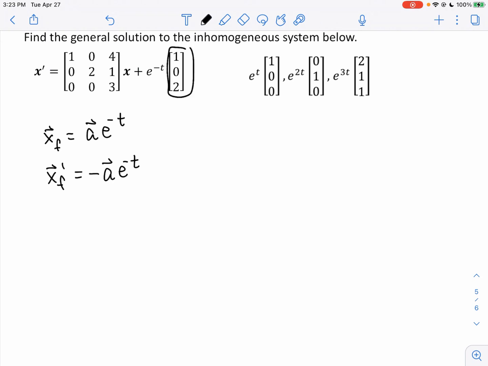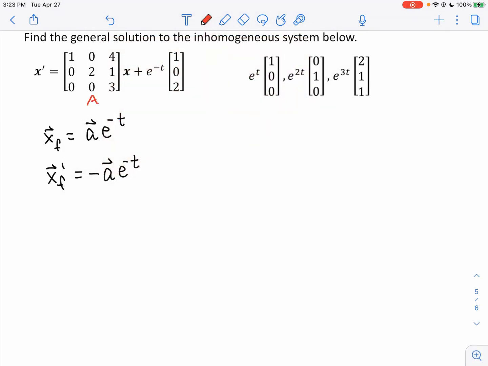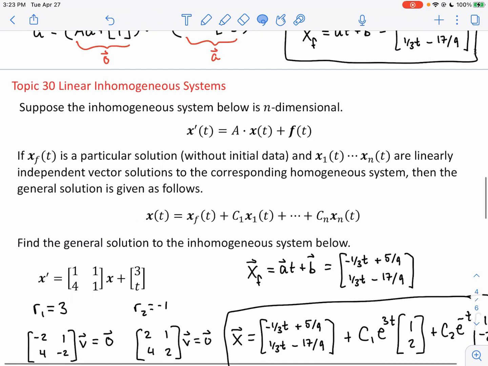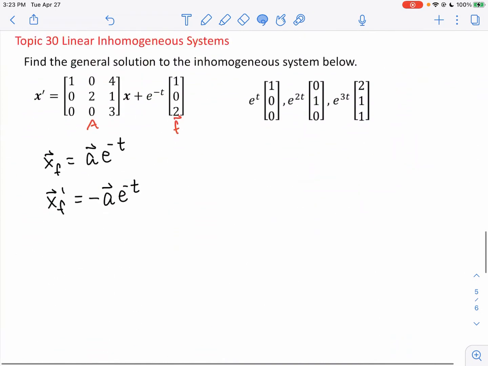And let's call this here vector f, and this will be, of course, matrix A. We'll call this constant vector f, even though vector f should include the exponentials, like up here when we say vector f, that includes the exponentials. But now I'm going to say specifically that vector f is just the constant portion of that with the exponential factored out. I hope that doesn't cause confusion.